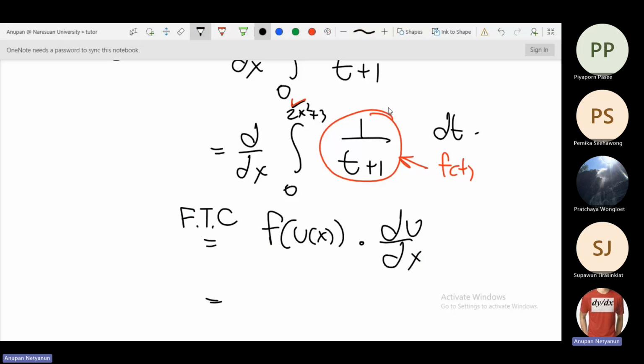Okay. So that means this is my f of t. I plug this into t, so I have to plug it in here too. So I have 1 over 2x squared plus 3, this is your t, and then plus 1. Okay. And this one, I have to take the derivative of my u, which is this one, 2x squared plus 3, with respect to x.